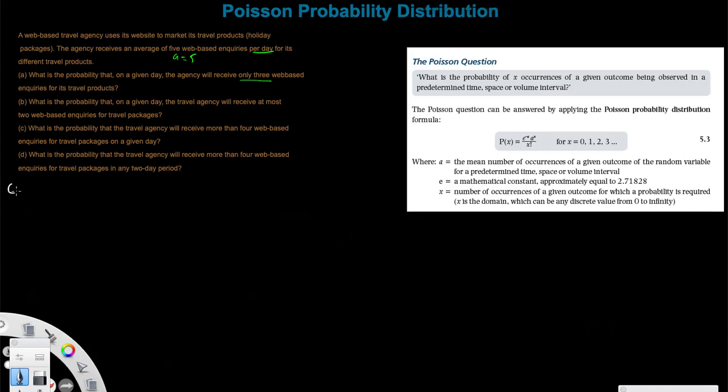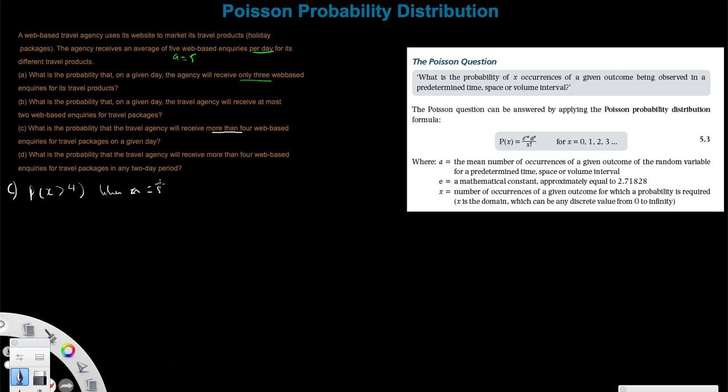Well, for C, we see that they just told us to find the probability that the travel agency will receive more than 4 web inquiries. The way this could be written is the probability of X greater than 4 when the average per day we know is 5.